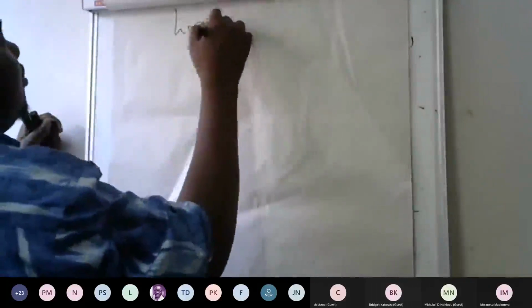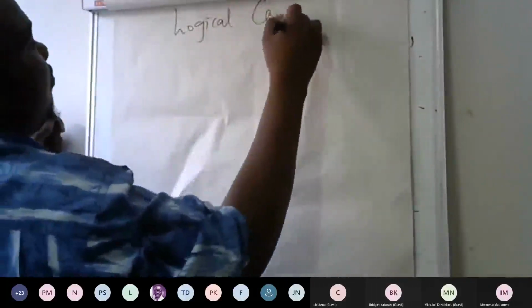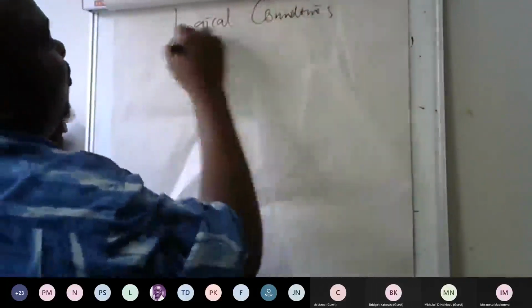So let's try to look at what we call logical connectives. Now, your logical connectives, these are symbols.